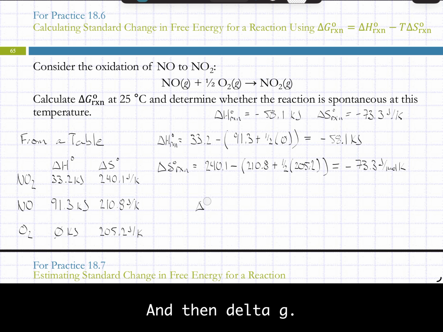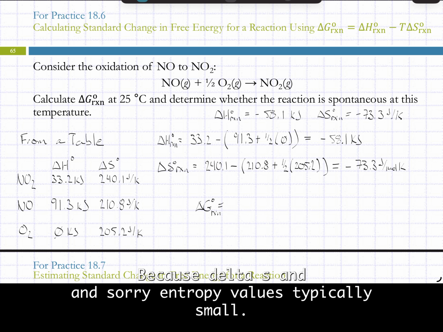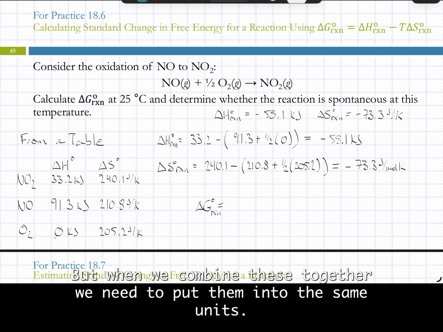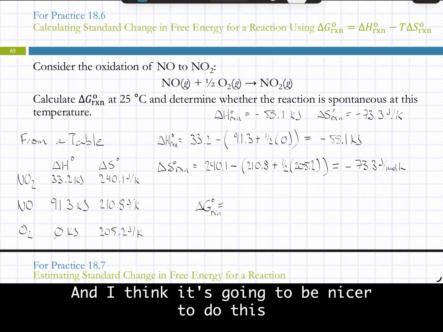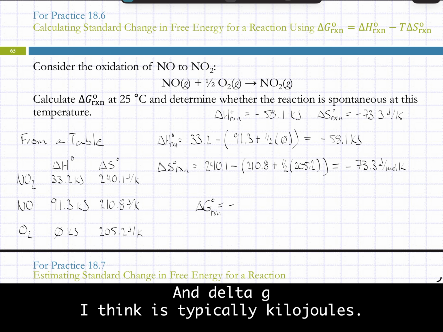And then delta G, Gibbs free energy of the reaction. It's going to be my delta H. And let's do this in kilojoules. Delta S is in joules because entropy values are typically small, so joules makes more sense. But when we combine these together, we need to put them into the same units. And I think it's going to be nicer to do this in kilojoules than in joules. And delta G, I think, is typically kilojoules.